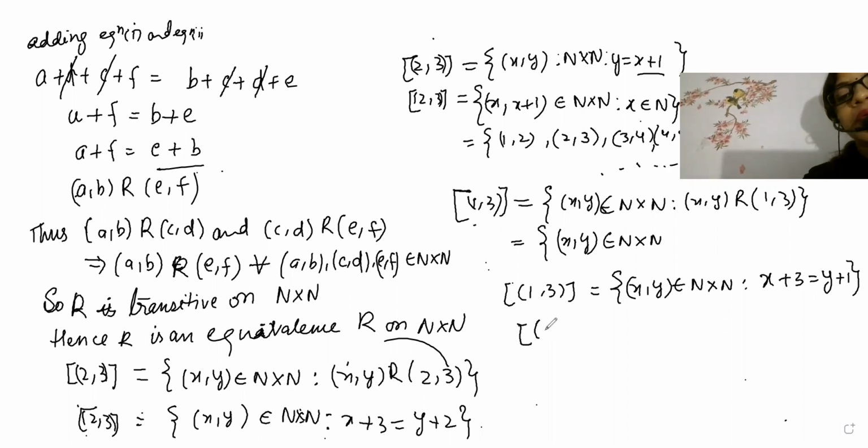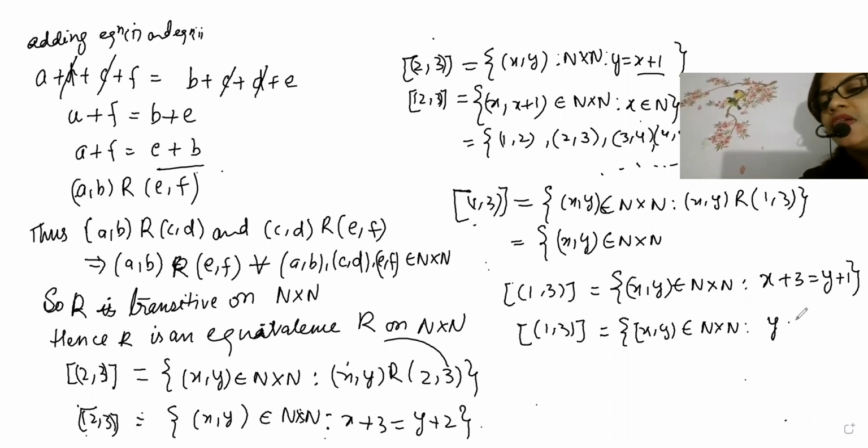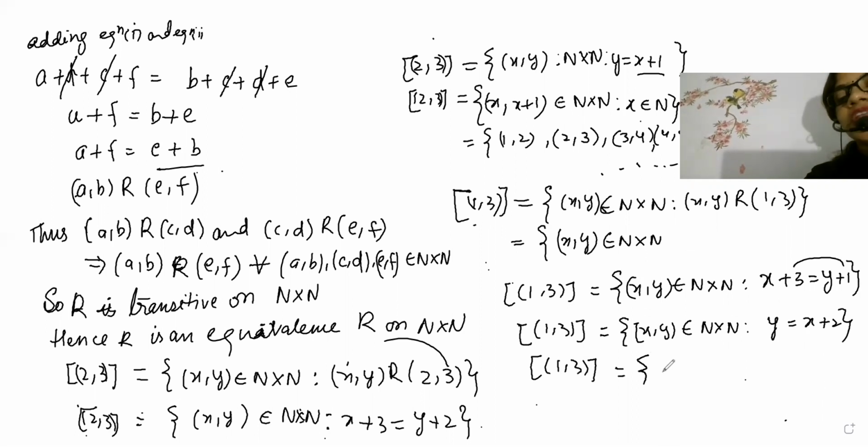So this time it will become y equal to x plus 2, if you shift this one. That means now no need to write y. You have converted everything in x form, and this ordered pair belongs to N cross N, such that x belongs to the set of natural numbers.